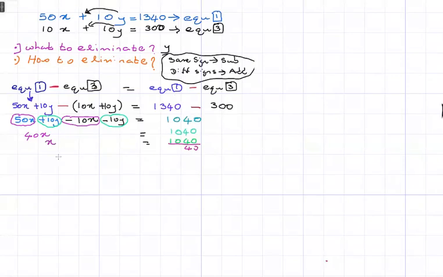So what's the value of x now? What is 1040 divided by 40? You can cancel the zeros. 104 divided by 4. What would that give you? That would give us 26. So now we have found x's value. Let's try to find y's value.